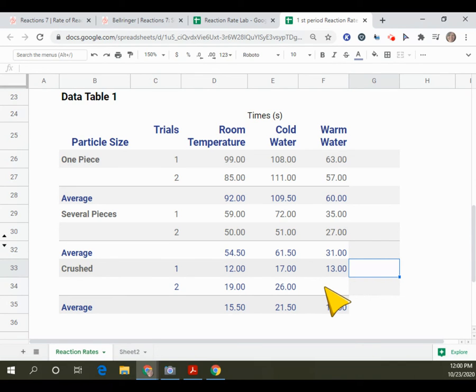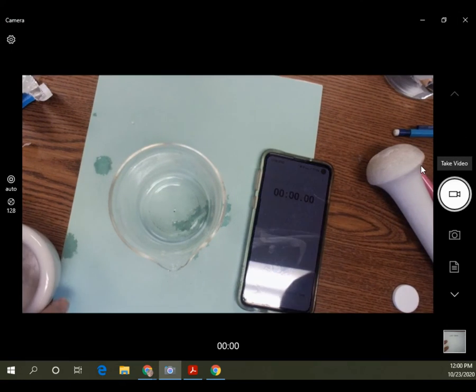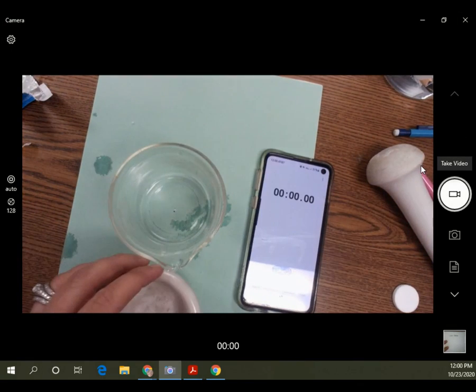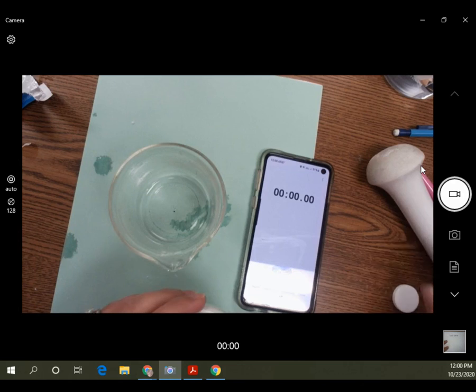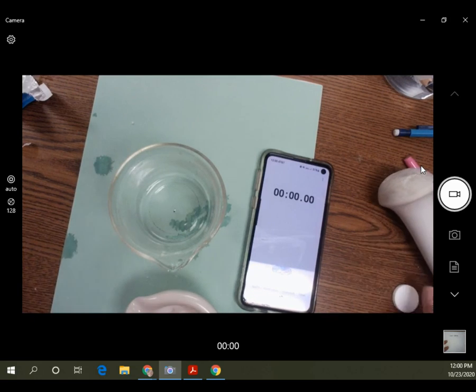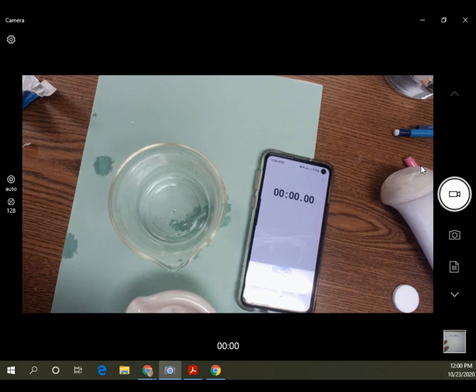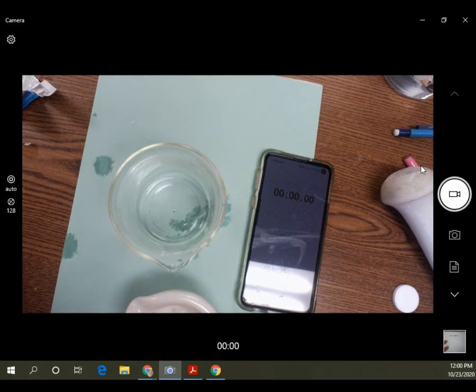We will go back to our camera so you can see that. All right, so we need another crushed piece. We're going to give it a good crush. Okay. Get our hot water out. All right, there's 15 milliliters.